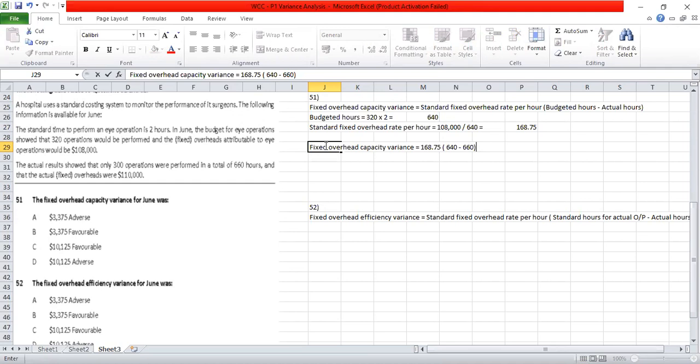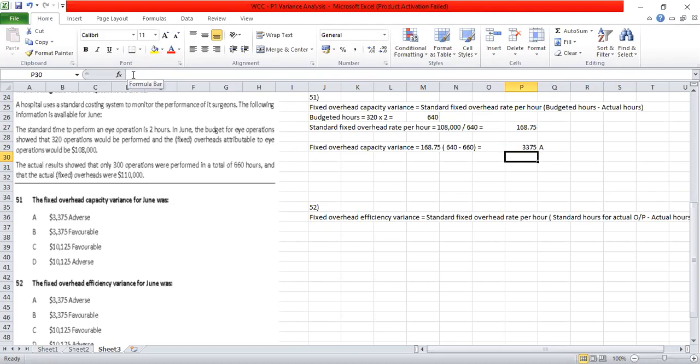So is it an adverse or a favorable one? This is an adverse variance, 3375. So you don't have to put the negative sign. If you see a negative sign, you just change the variables in the bracket, so you can put it as actual hours minus standard hours. Sign should not be put, whether positive or negative. Only take the difference and then mention whether it is adverse or favorable.